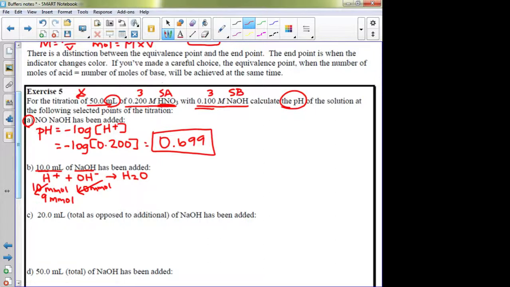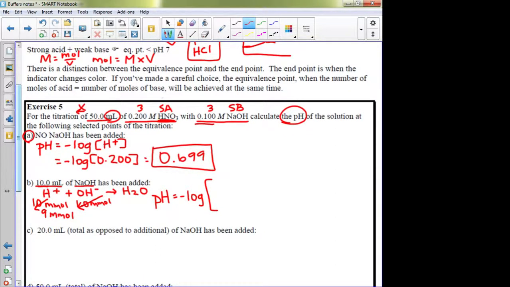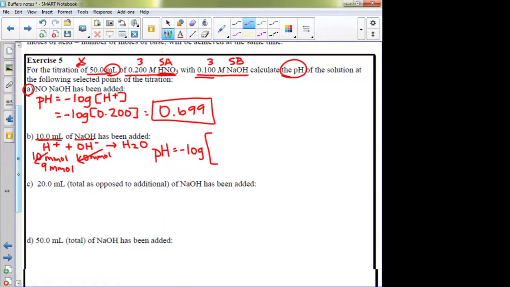Now, can I calculate the concentration of my H positive that's left in the solution? Yes. Remember, pH is equal to opposite log of the concentration. Concentration is moles over what? Liters. So I've got 9 millimoles.